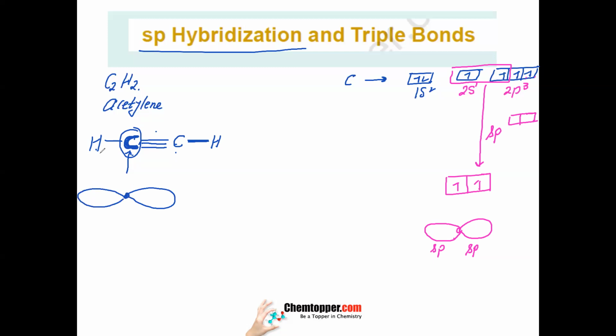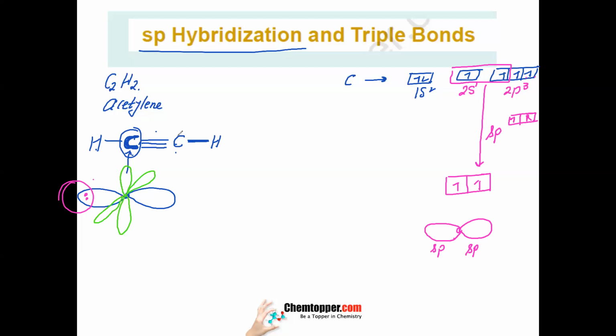Who is overlapping on this side? Hydrogen, the bond pair. And what about these two p orbitals? They are pure p orbitals, standing perpendicular on this carbon, like this. One p orbital, children, another p orbital. These are two p orbitals.